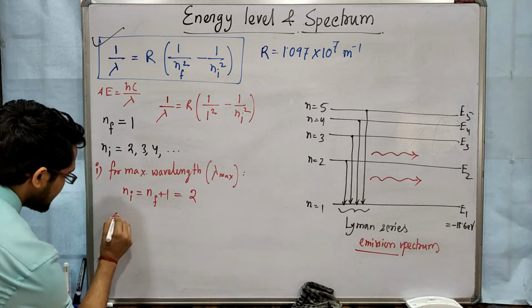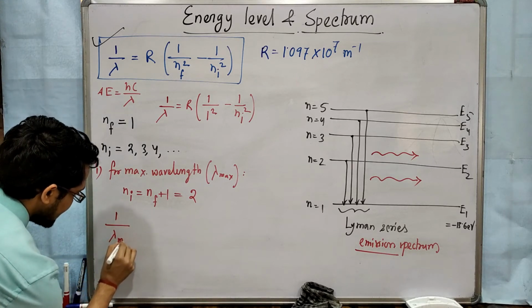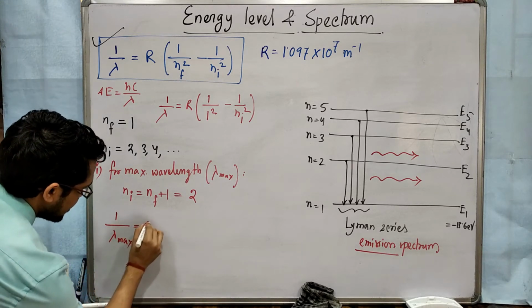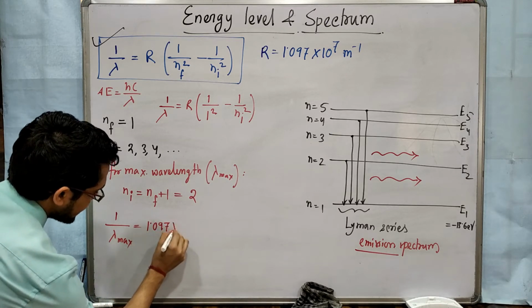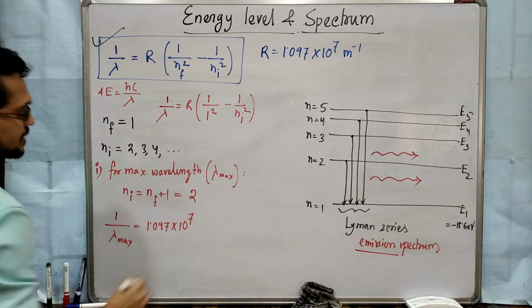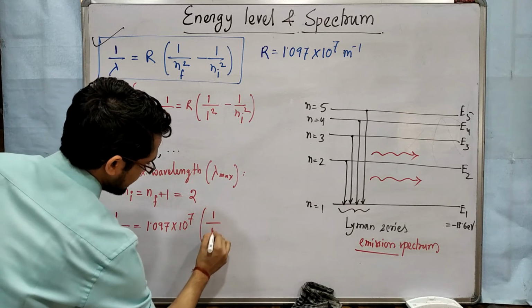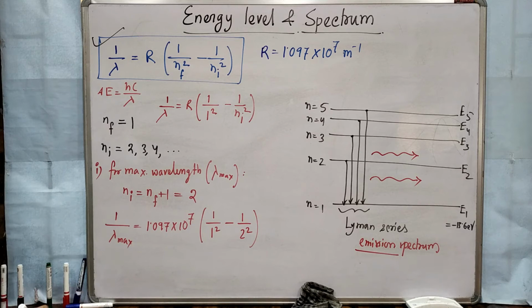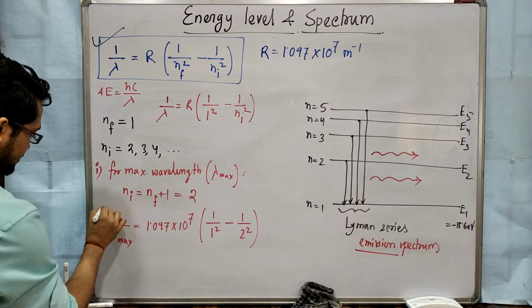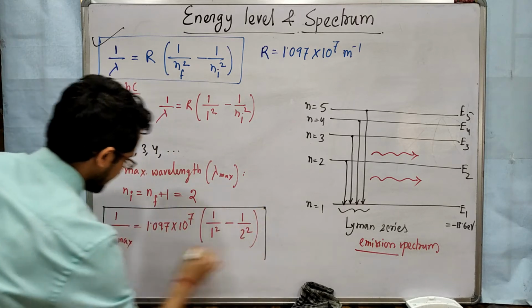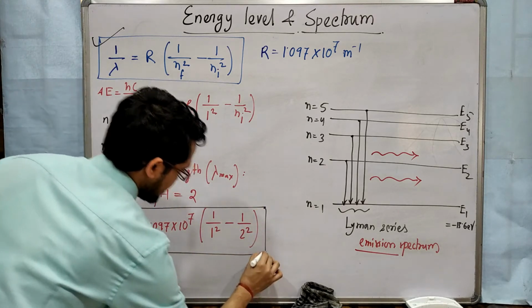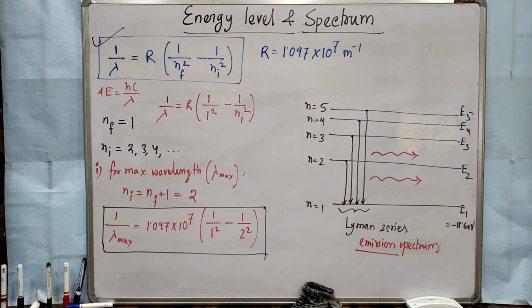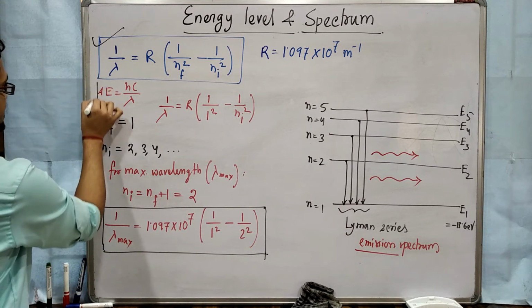Then put that value: 1 by lambda max equal to R, 1.097 into 10 to the power 7, into 1 by 1 square minus 1 by 2 square. Clear? Using this equation you can easily find lambda max. If you forget which ni to take, always remember this equation.